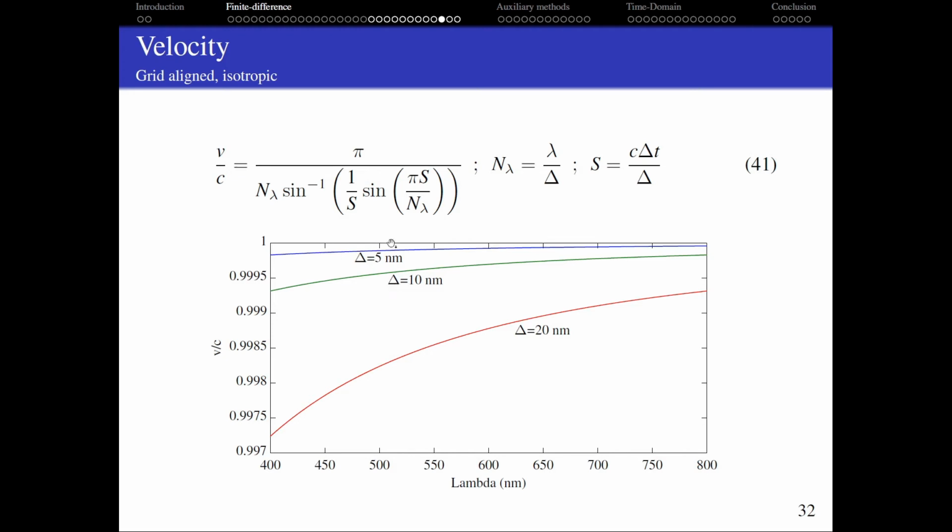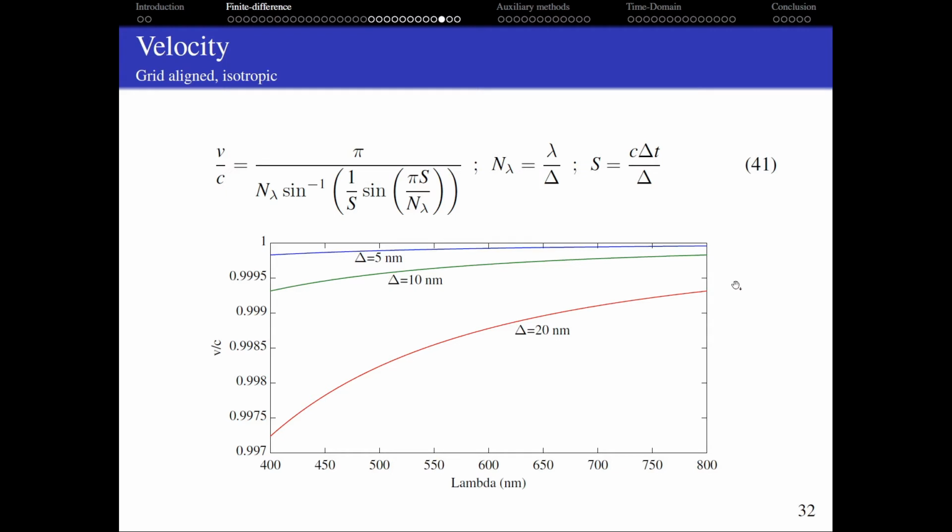So if we had a 5 nanometer discretization in free space in the visible range, you can see that while the speed of light is very close to 1, in this case when we normalize by C, it's not exactly 1, but it also becomes worse as the discretization increases.